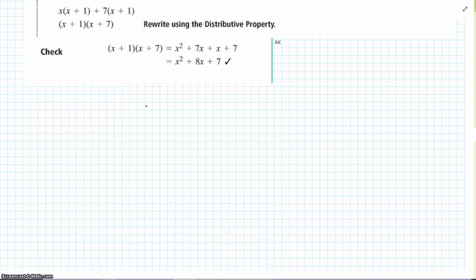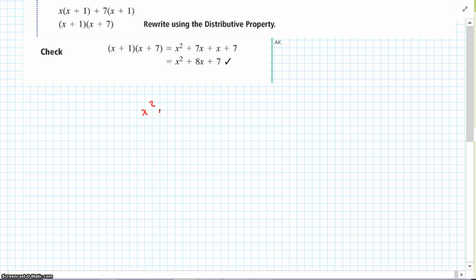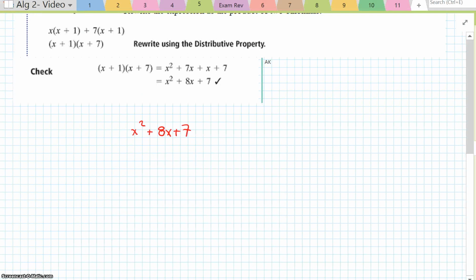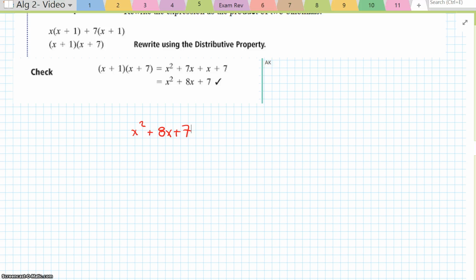we have a term, x squared plus 8x plus 7. Okay? So all we need to do here is find factors. We're going to use what we call the x factor. On top, we're going to find all the products of a times c, and the bottom is going to be b.